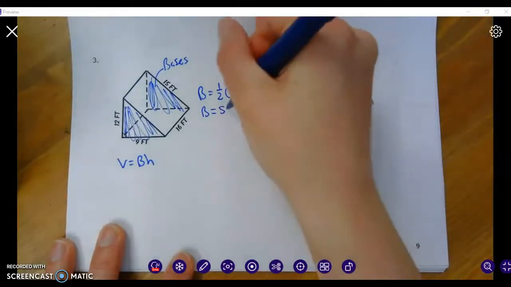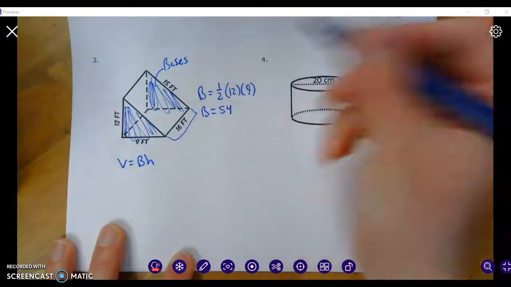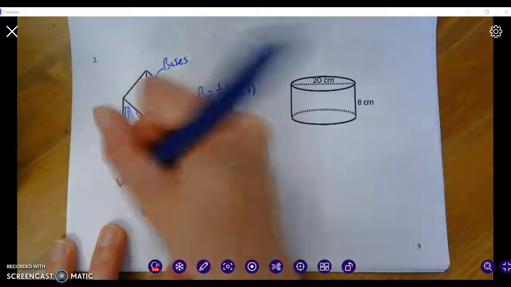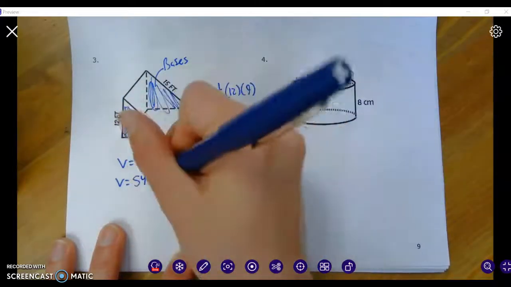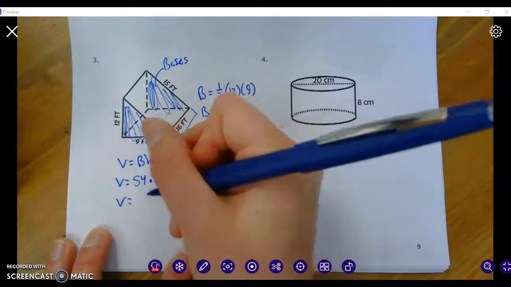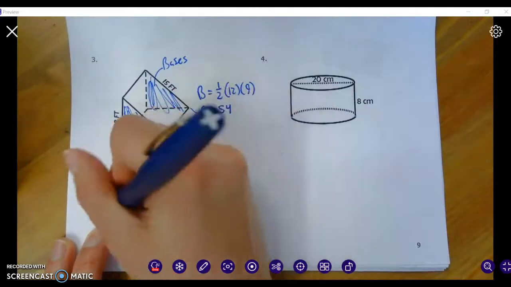So that will be 54. And then our height is the distance between the 2 bases. So 16 is our height. So we plug those in. So 54 times 16. So our volume is 864 feet cubed.